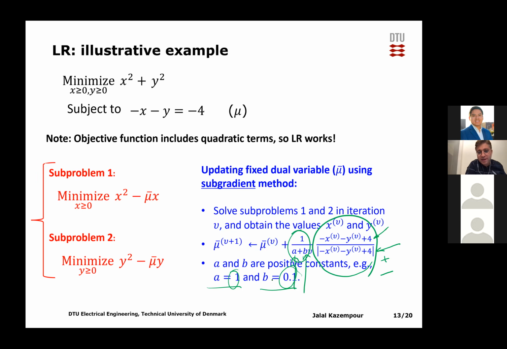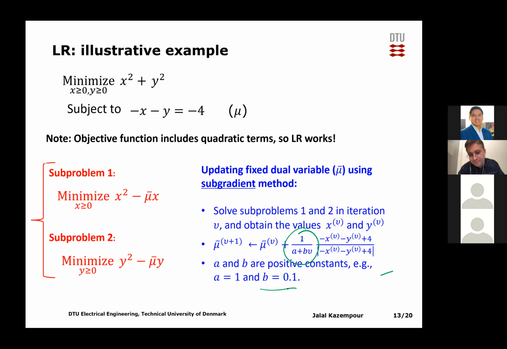So if you start from mu bar equal to 1, next step you will go to, I don't know, 1 plus something or 1 minus something, depending on the sign you get, and you go towards the optimal solution. And definitely, depending on the values of a and b you took, you may have a big jump or small jumps.